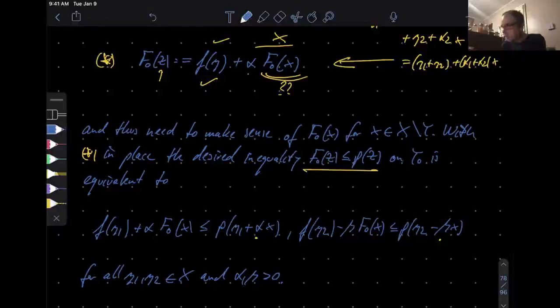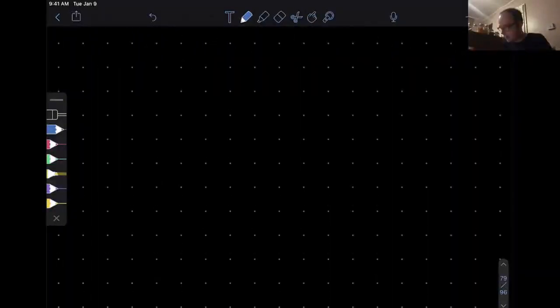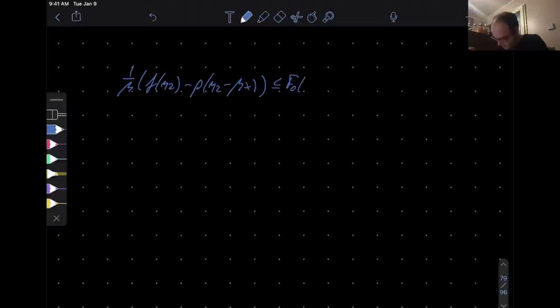Okay, good. All right, so but now this is of course equivalent, because it contains the quantity f0(x) on both sides. So this is equivalent to, now you just do the algebra, that is easy. So 1 over beta (f(y2) minus p(y2 minus beta x)) at most f0(x) at most 1 over alpha (p(y1 plus alpha x) minus f(y1)). And that's precisely the way the inequalities were written in the proposition right before this one.